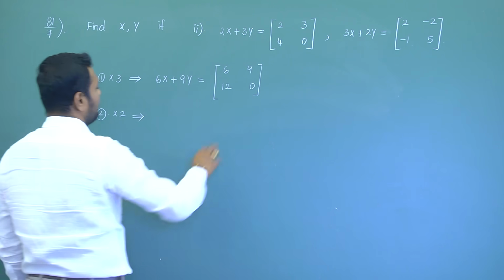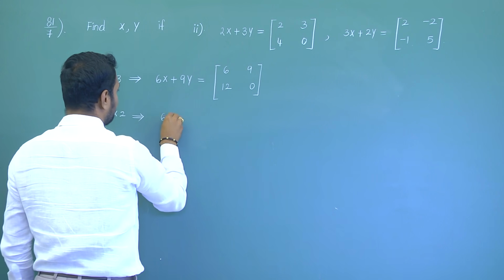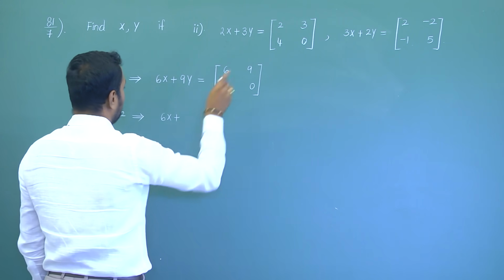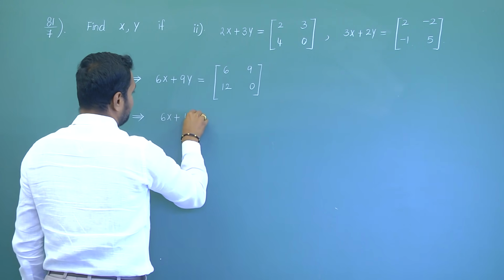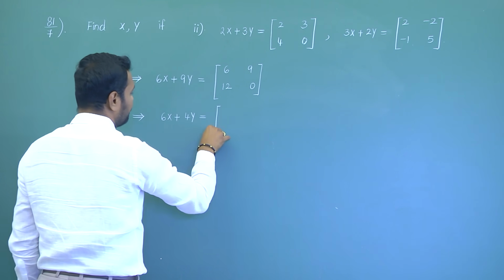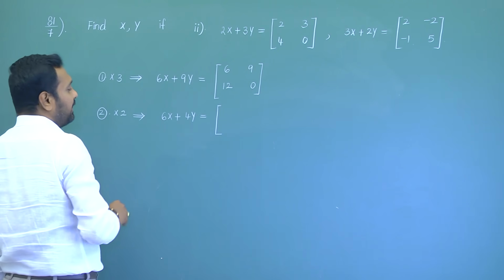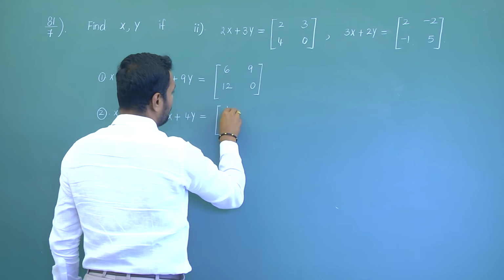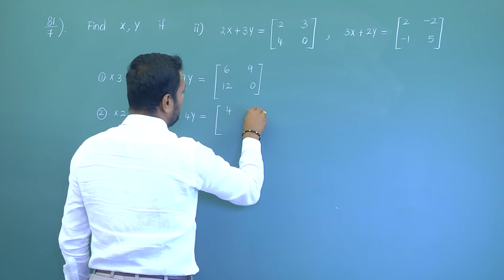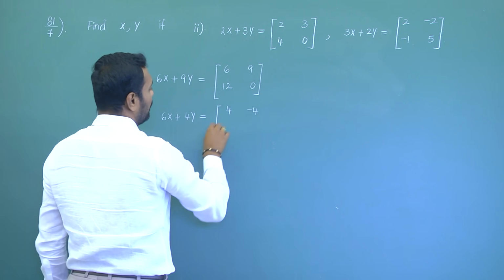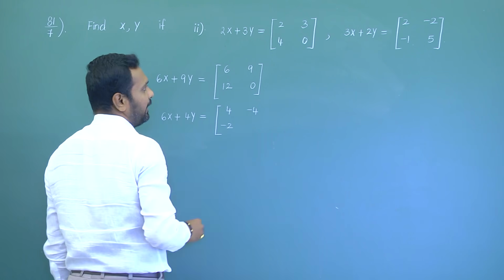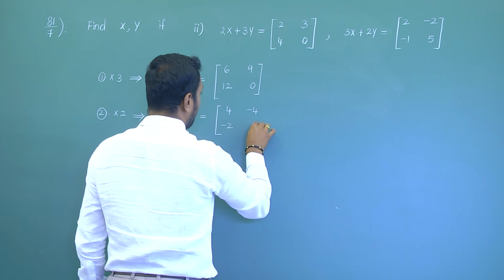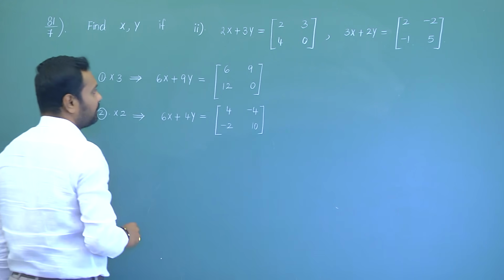This implies 6 capital X plus 4 capital Y equals, I have to multiply each and every element of the second equation with 2: 2 2s are 4, 2 into minus 2, minus 4, 2 into minus 1, minus 2, 2 into 5, it is 10.